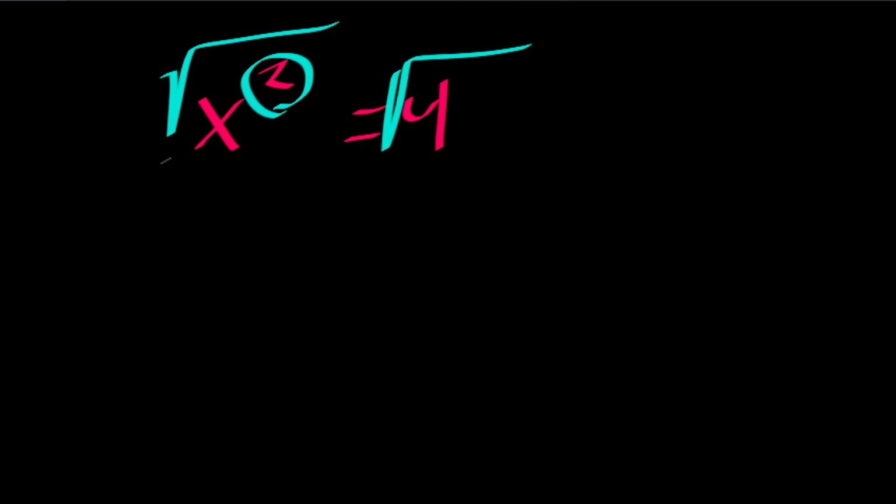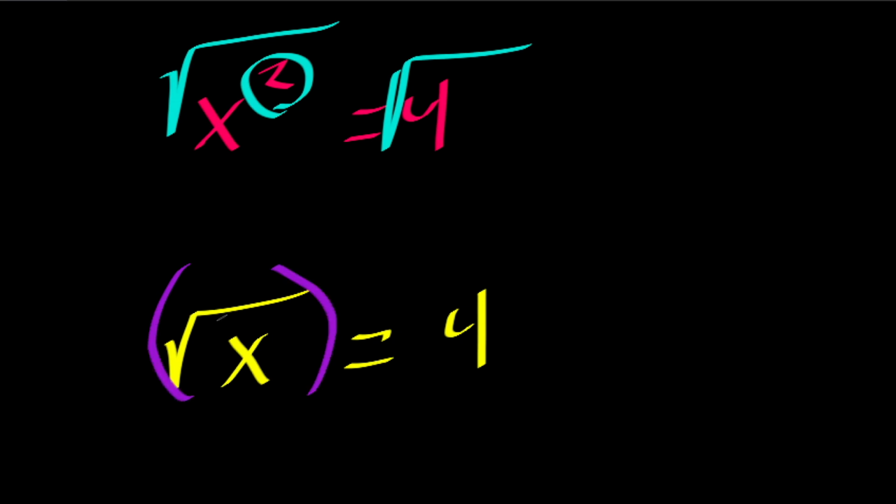Well, the relationship works the exact same way in the opposite order. If I gave you the square root of x equals 4, the inverse operation still says that if the opposite of an exponent 2 is a square root, the opposite of a square root has to be the exponent 2.